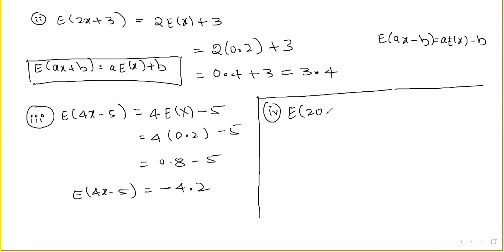So expected value of kx, where k is 2025 here, is k into expected value of x, that is 2025 into expected value of x, right? So 2025 into 0.2. What is the answer? We'll check. 405, sir. 2025 into 0.2 is exactly 405. Clear?